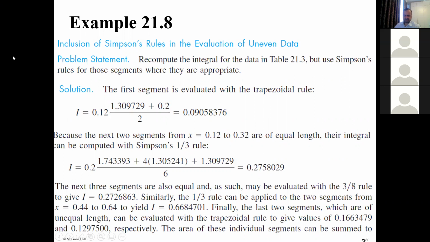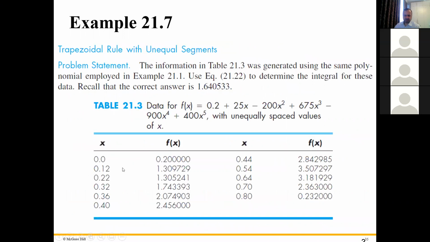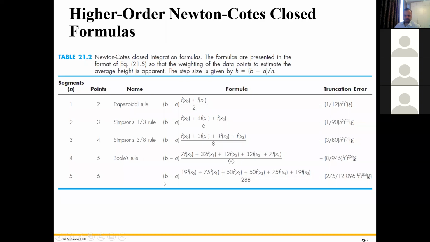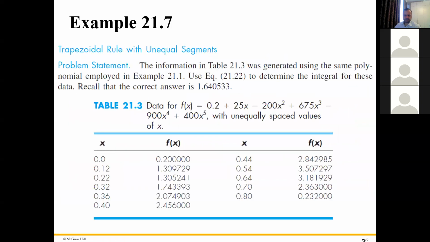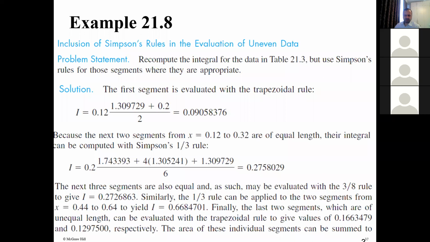So here we can apply Simpson's rule. And the next three segments are also equal, and as such, they may be evaluated with the 3/8 rule to give I equal to this one.